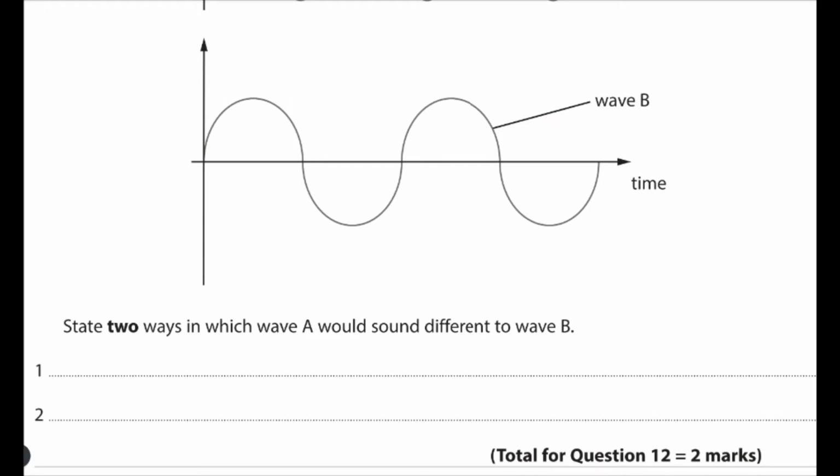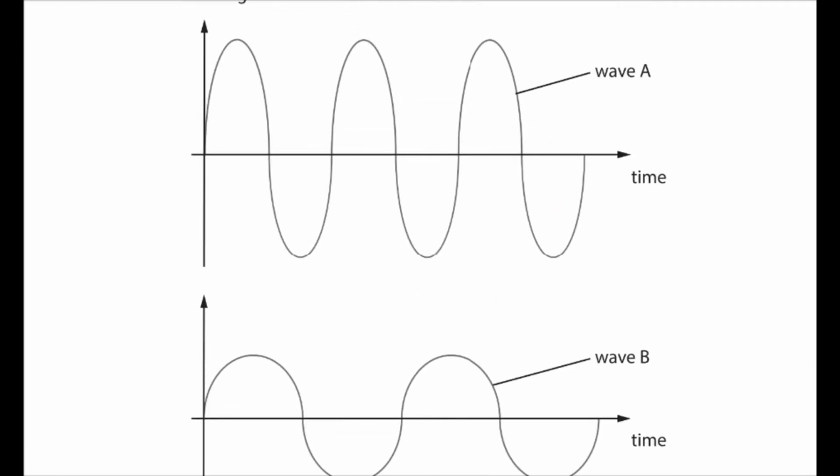Wave A has more amplitude. Amplitude is the height from the undisturbed point to the crest. So that amplitude is higher in wave A. That means it's louder. Amplitude higher means louder. And also in wave A, the frequency, so the number of cycles is more than wave B, so that we can say wave A is higher pitched.